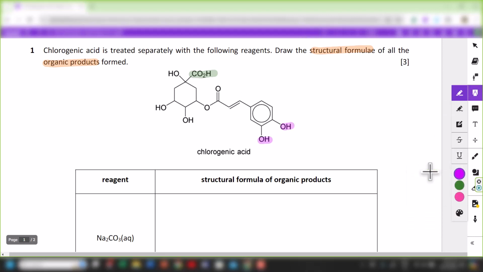These are phenolic OH. And then we have an ester linkage. And then over here we have an alkene, CC double bond, and finally we have two secondary alcohols, and of course a tertiary alcohol.